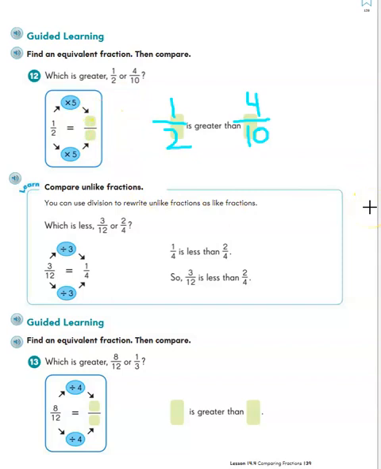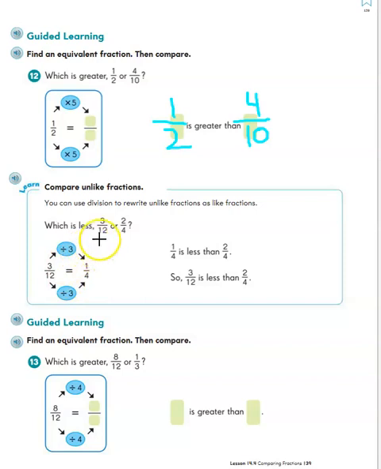Okay, let's go down to the bottom. So it only makes sense that if we can use multiplication to help us compare unlike fractions, we could also use division, right guys? Because we know division is the opposite of multiplication. So let's try one where we divide instead of multiplying and see how we do.